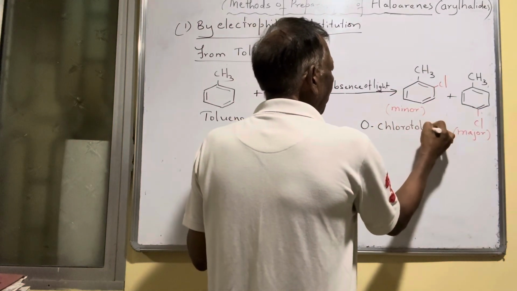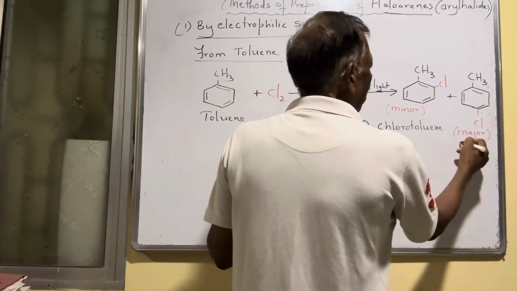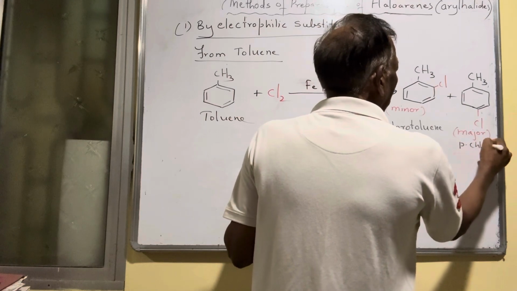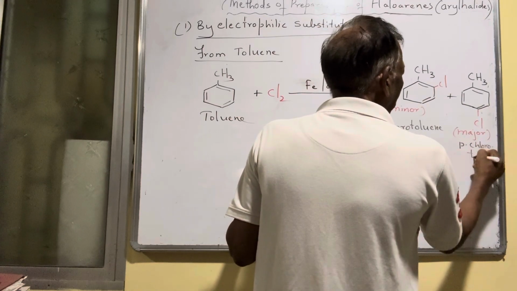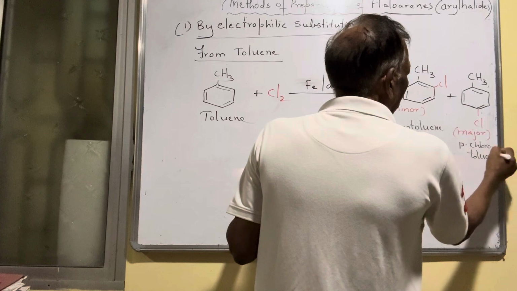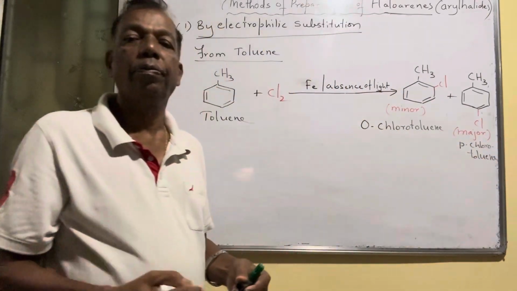This is a common name, and this will be para-chlorotoluene. So remember that para is the major product.